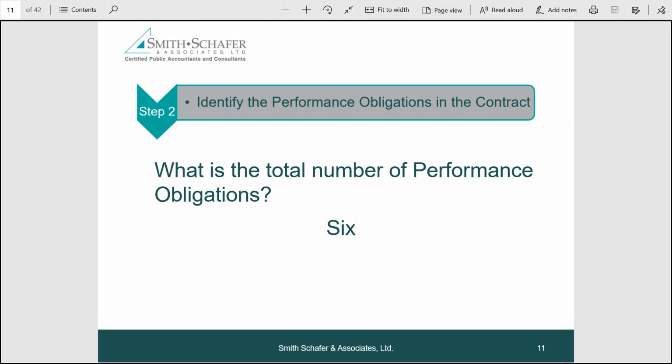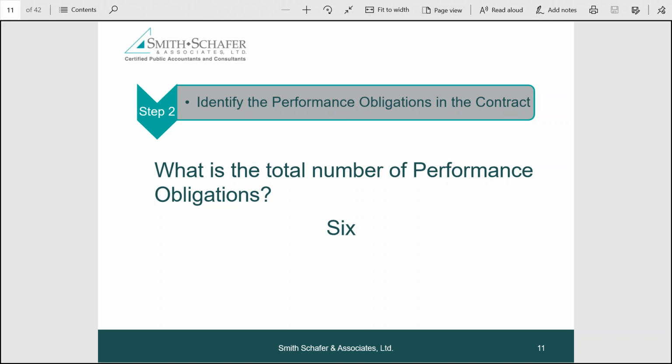because the association sells the quarterly publications, that means you can benefit from the quarterly publications by themselves. So that introduces additional performance obligations. So in this case, the number of performance obligations we have there on the screen is 6. And what that is the quarterly publications, so that's technically 4 of the 6.